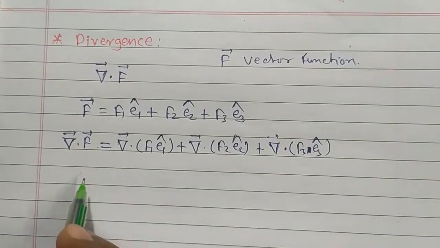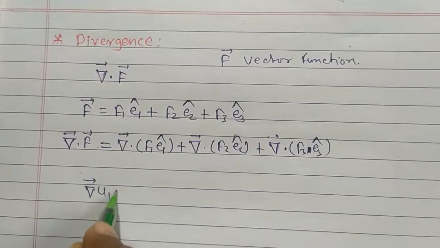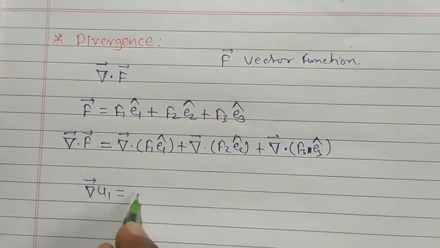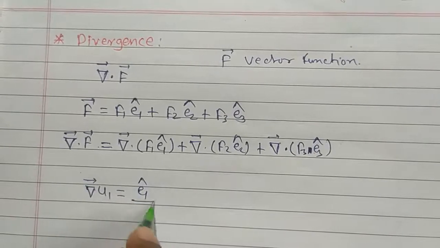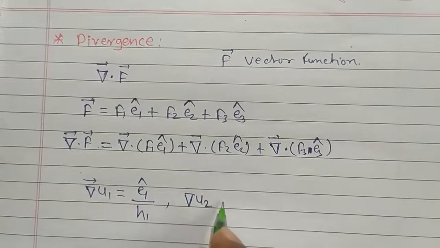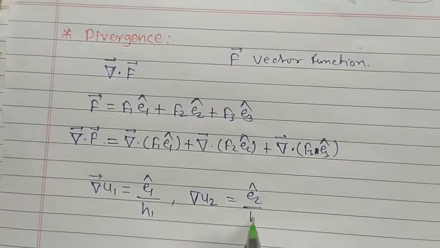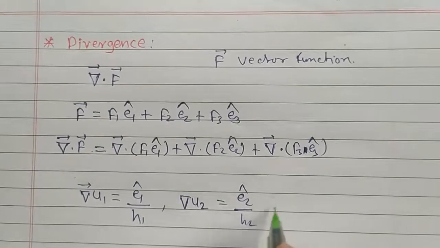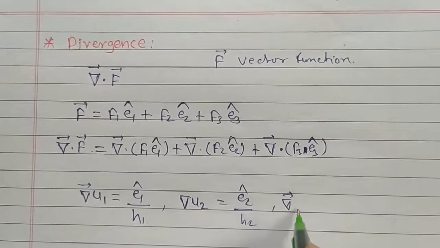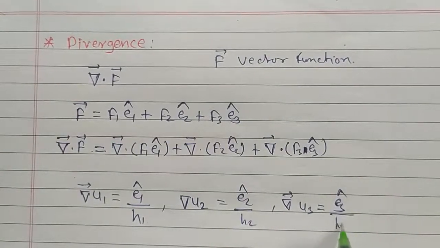And in the last lecture we saw that del bar of u1 is equal to e1 cap upon h1, del bar of u2 is equal to e2 cap upon h2, and del bar of u3 is equal to e3 cap upon h3.